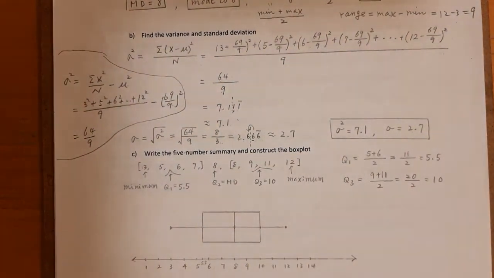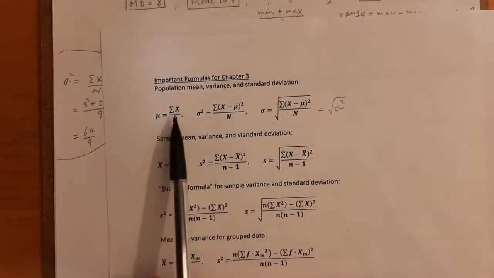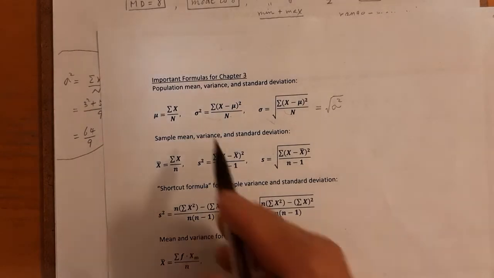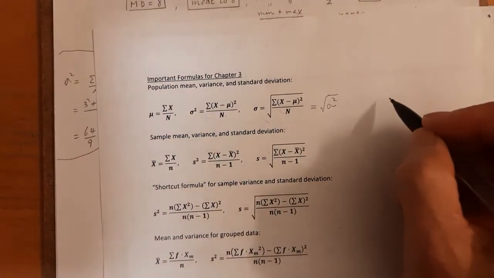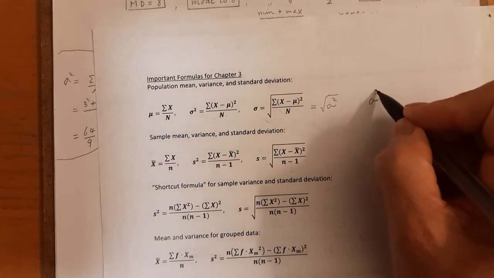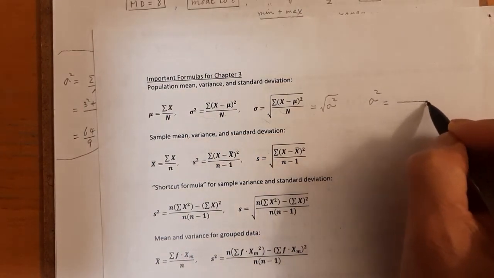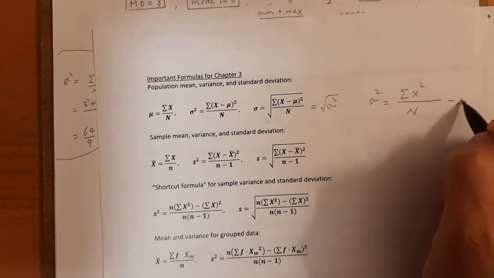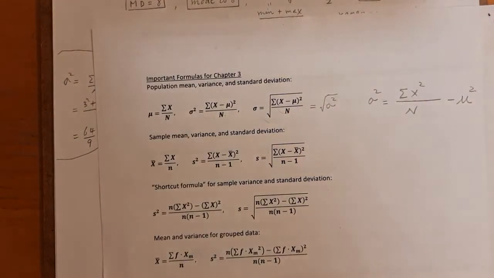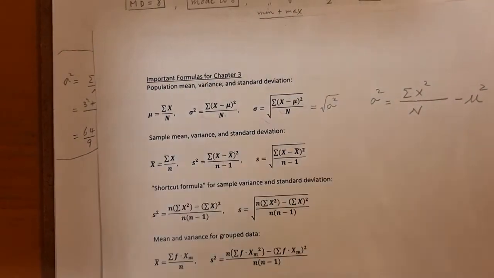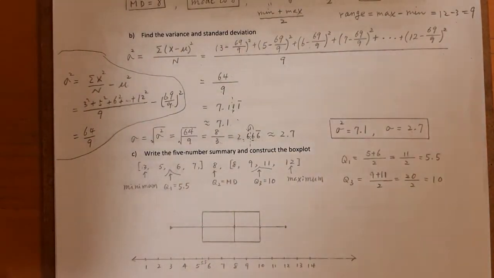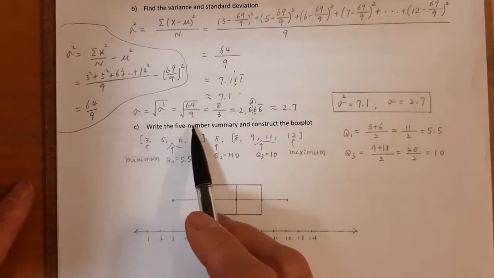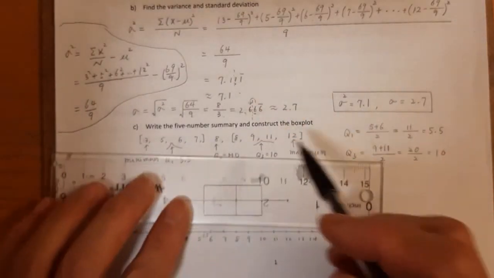So far we learned the mean, variance, and standard deviation formulas. The variance has an alternate formula, a shortcut formula: variance squared equals summation of x squared over n minus mean squared. The next thing we are going to learn is to write the 5-number summary.